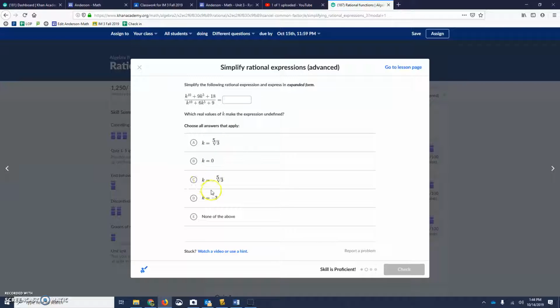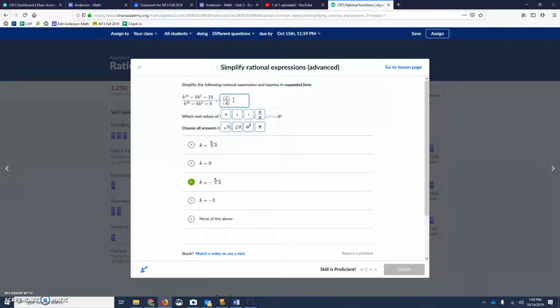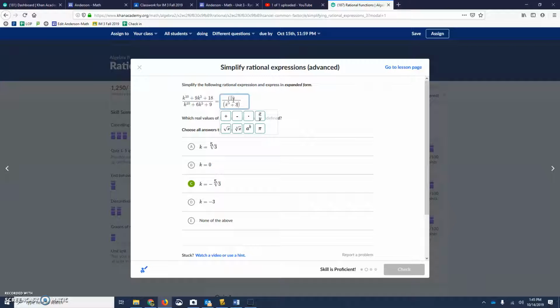So it's going to be this one, the negative one. Let me move the negative sign outside. And the top is k to the 5 plus 6.